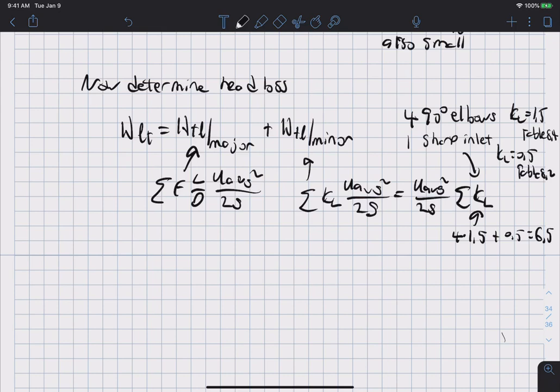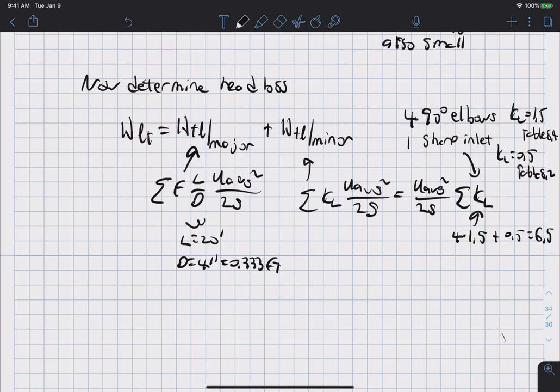Now we know that L equals 20 feet, and D equals 4 inches, which equals 0.333 feet.